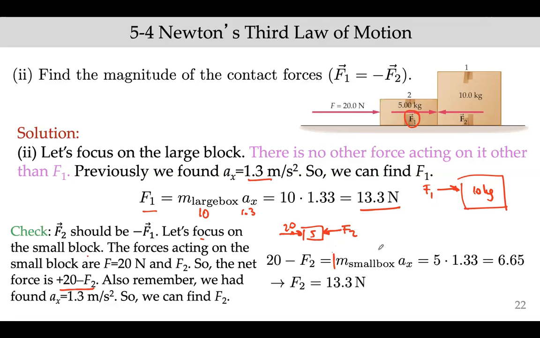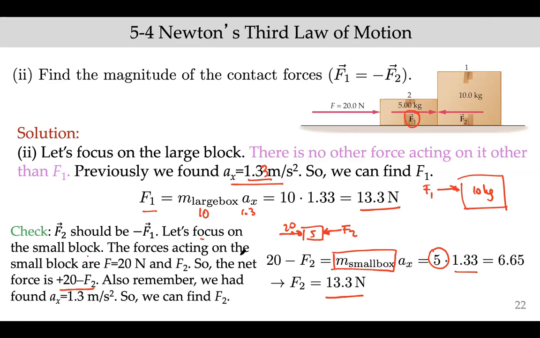Now the mass of the small box is 5 kilograms. And the acceleration is, again, the same acceleration that we found in the first part. So 1.33, there should be a 3 here. And if you calculate, you find the force F2 to be 13.3 newtons.